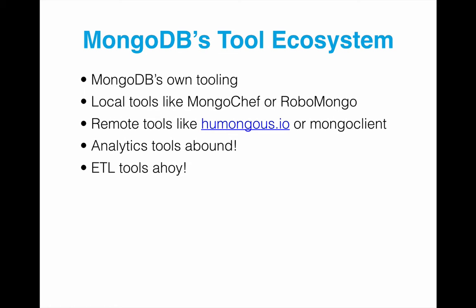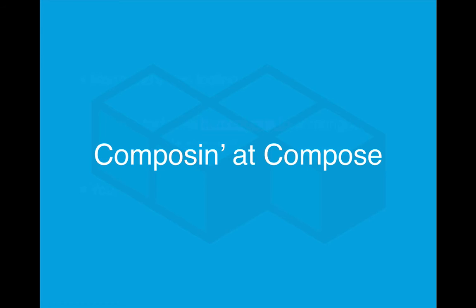ETL tools will help you get data in and out of MongoDB, and some names that I've heard of are Kettle and StreamSets, just to name a couple. But before I move on, I want to tell you that your mileage may vary. We don't support these tools, and even me mentioning them doesn't imply that they'll work with our platform. And we don't have any partnerships with these companies or projects.